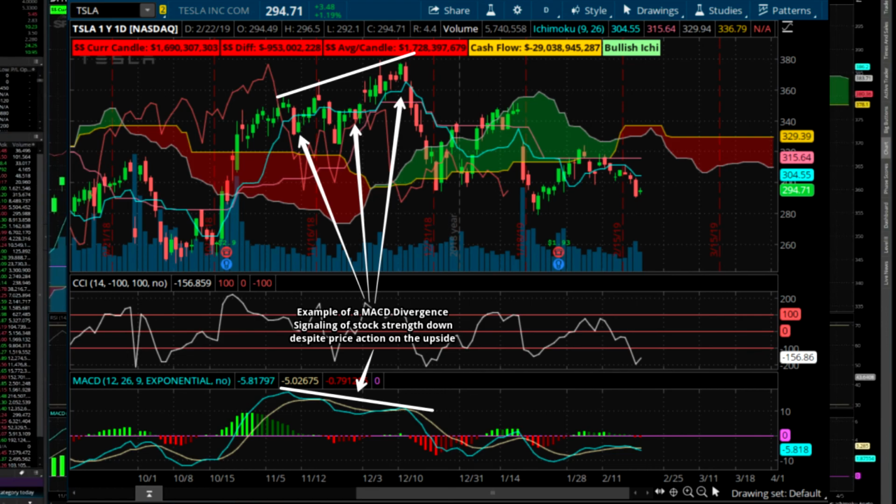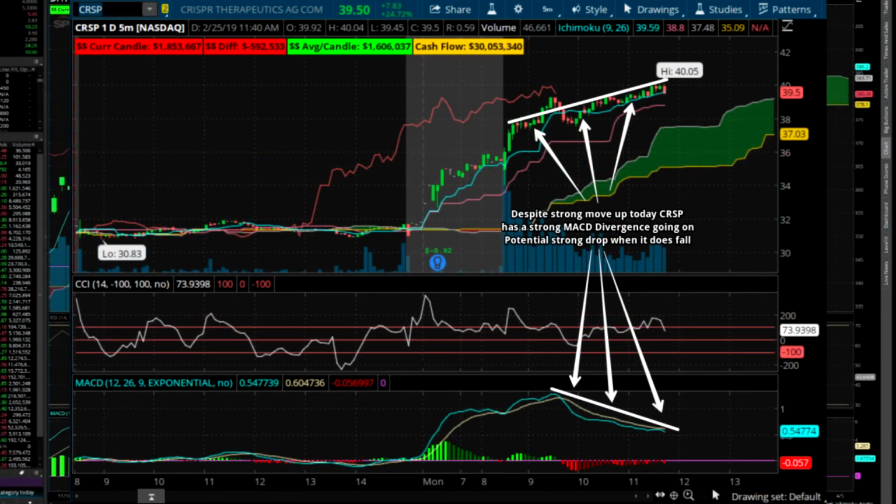Here is another example of a divergence. Share price going up, the MACD going down. Typically towards the end of this move, the share price will shoot back down.